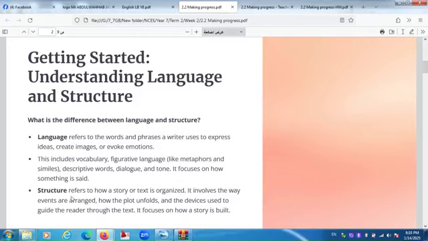It involves the way events are arranged, how the plot unfolds, and the devices used to guide the reader through the text. It focuses on how the story is built. So that's something related to chronological order, logical order, beginning, middle, ending, and so on.